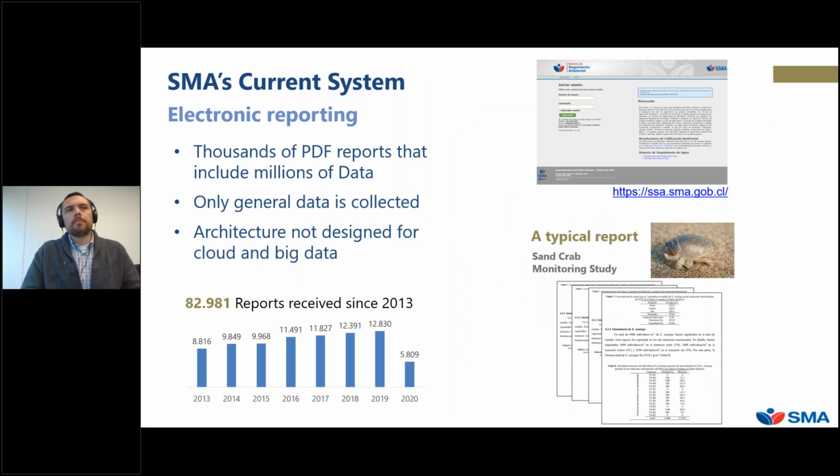Our current system, what we are using to collect all these reports, you can see there, we have at this moment thousands of PDF reports that include millions of data. We have received more than 80,000 reports since 2013. We are collecting some general data, metadata, but we need raw data.